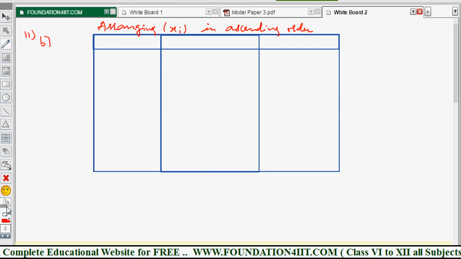Don't write as it is, just be careful when you're solving. So weight in kg, that is xi, and number of infants, that is fi. Now the cumulative frequency, cf, we'll use the less than cumulative frequency, right?